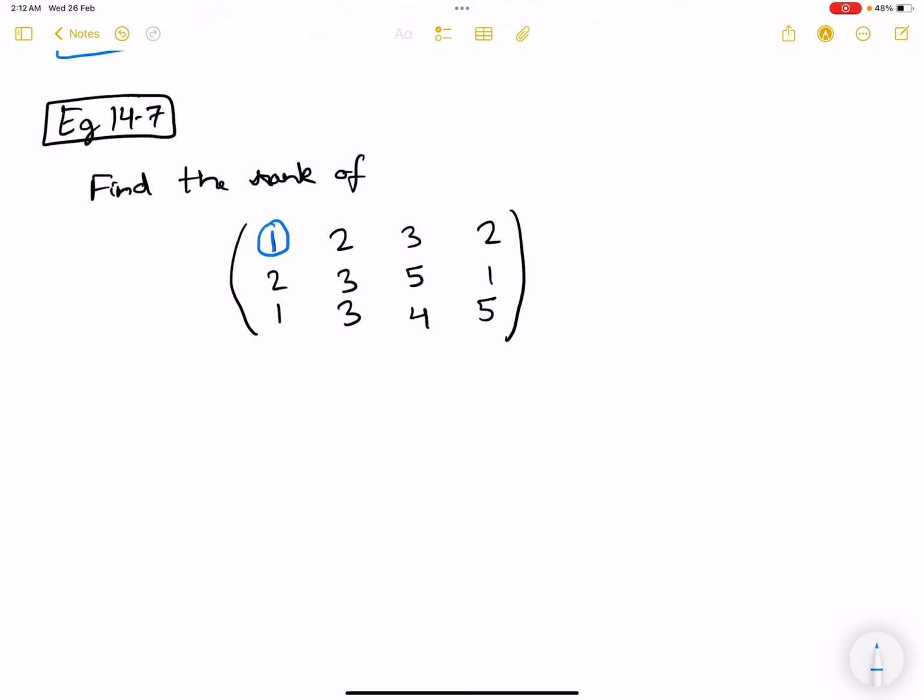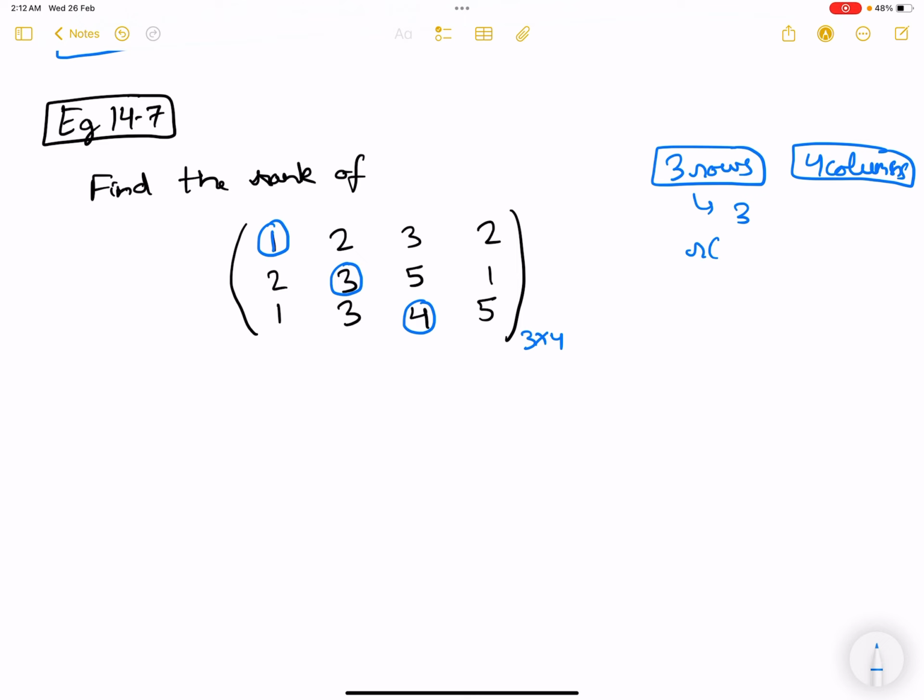First, make this element 1, and then the diagonal element 1, and then this diagonal element 1. So this is a 3 cross 4 matrix, and rank is the maximum number of linearly independent rows or columns. Since there are only 3 rows and 4 columns, the maximum number of rows possible is 3.